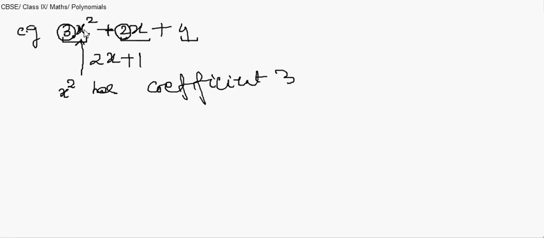How much power x has got? X has an exponent of 2, here x has an exponent of 1. Now what is the maximum exponent of any variable which this polynomial has? It is 2. The highest power is 2. As the highest power of the polynomial is 2, 2 is referred to as the degree of the polynomial.